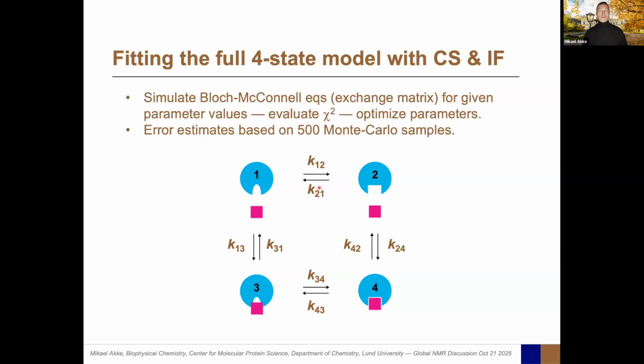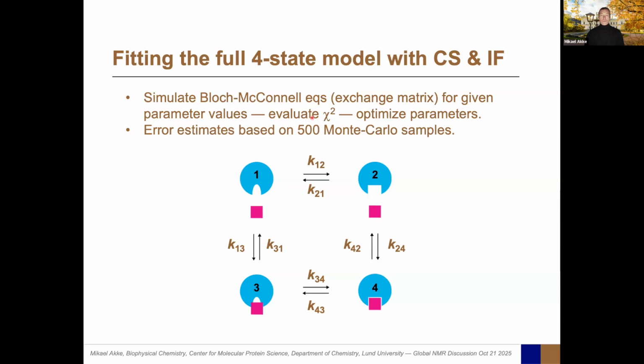And the way to do this, or maybe I should say the way we did this, is to simulate the Bloch-McConnell equations, the so-called exchange matrix, for given parameter values. And then we determine the relaxation rate constants from that. We compare it with the experimental data point by data point in the dispersion curve.